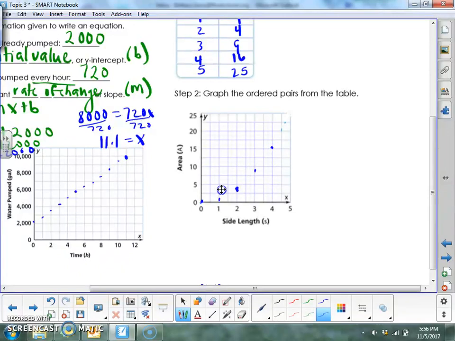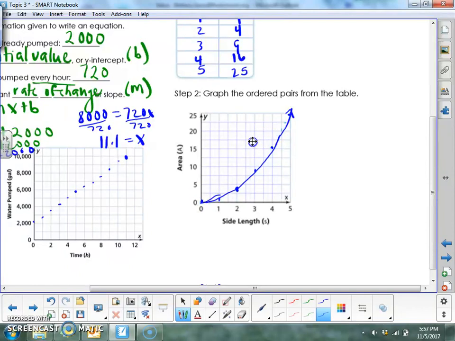You'll notice that this is creating a curve, which is going to be hard to do with my little tablet here. You'll notice that my graph is curving. So unlike all of the graphs that we did last chapter, this one has a slight curve to it.